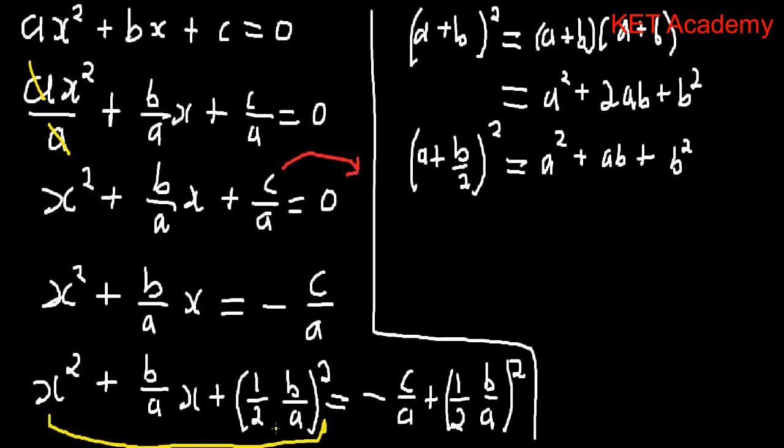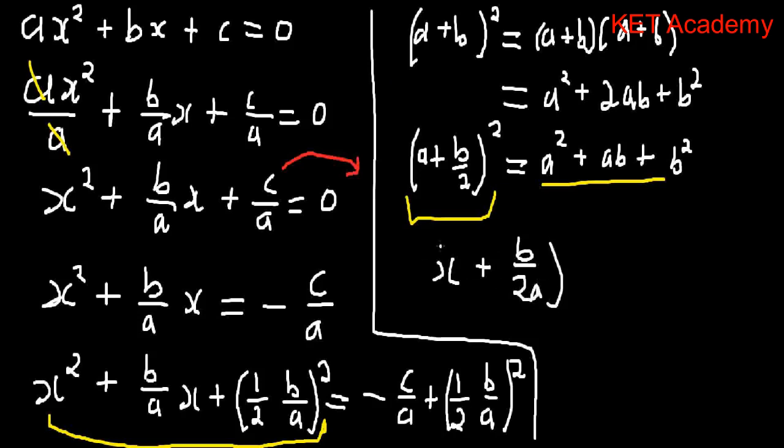So we want this to be a perfect square. If we can express the function on the left hand side in something of this form, then we can say this will be equal to that form. If we do that correctly, you'll notice that the form will be x plus b on 2a.